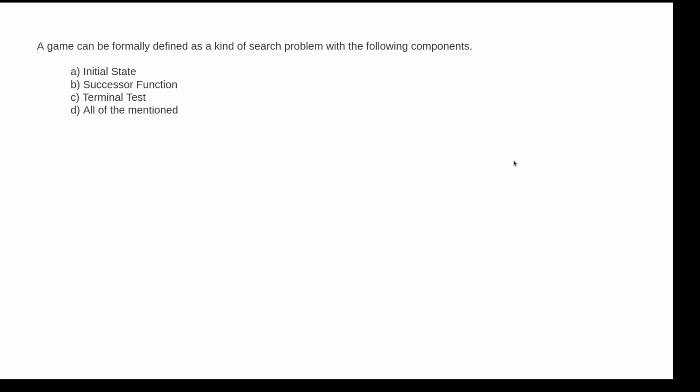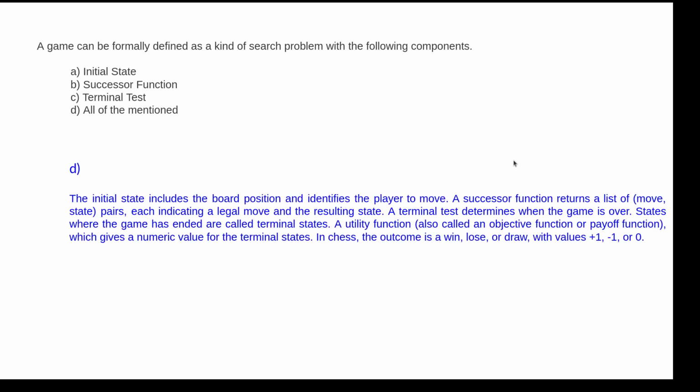If I take A1 in S, it will lead to S1. If I take A2 in S, it will lead to S2. If I take A3 in S, it will lead to S3. Then we'll have three successors, S1, S2 and S3. Then I'll evaluate effectiveness there, which is known as the utility function. There will be a terminal state, which is where you end up. The initial state is where you start. So all three would be mentioned. This is why the answer would be D.